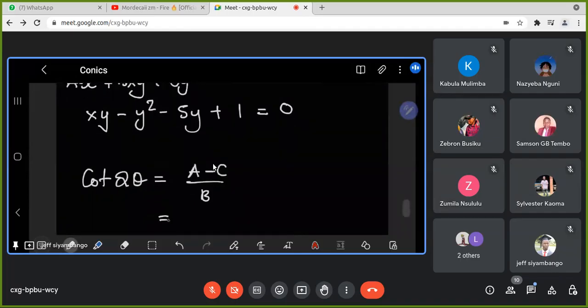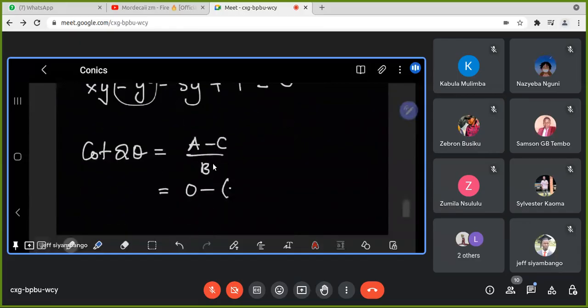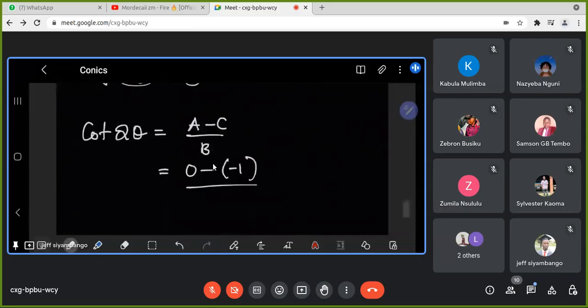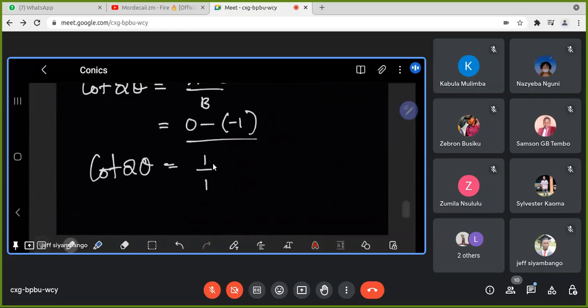So we're looking at 0 here, minus C. C is the one with y squared, and we see that C there is minus 1. And then over B. B is the coefficient of the cross product, which is just 1. So it's 1 over 1, because minus minus 1 will make that a positive. So we had cot 2 theta is equal to 1.